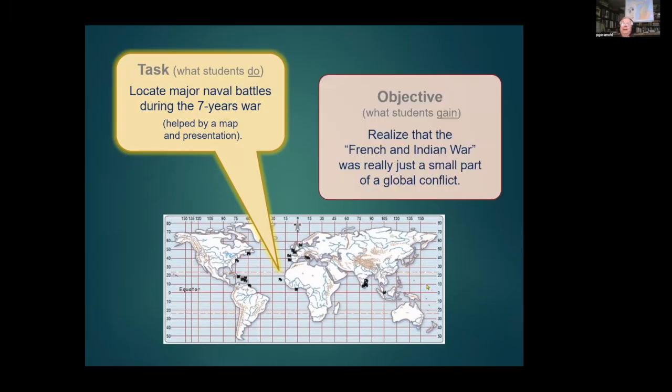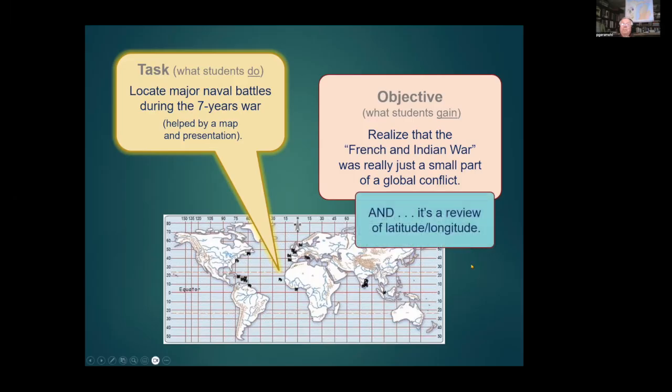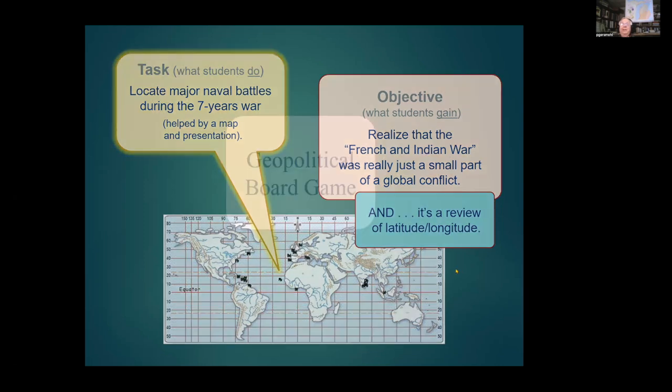And what you find out is that the French and Indian War was a tiny little part of a global conflict. And most of the battles were fought on other continents and on the oceans. But our colonies got caught up in that war. And it's a review of latitude and longitude. If you need to review that for people, this is a good handy way to do it.